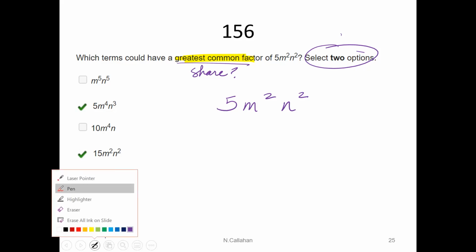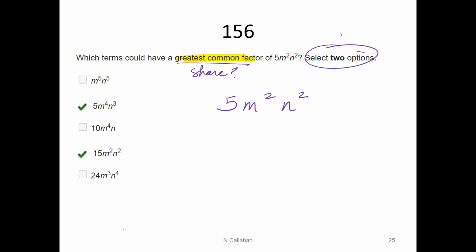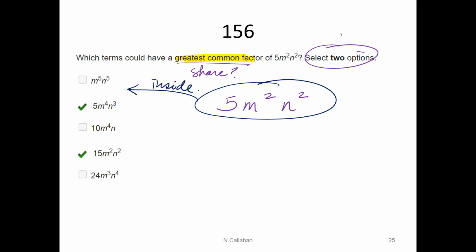Whatever you have here has to be on the inside of these answers. So it's not A, because A doesn't have a 5. Whatever answers you choose, you must have 5, 2 m's, and 2 n's.